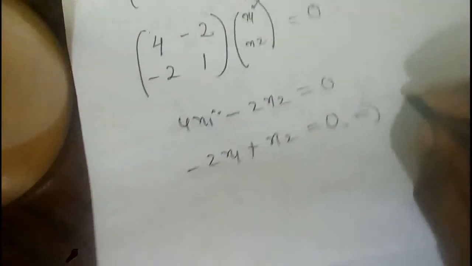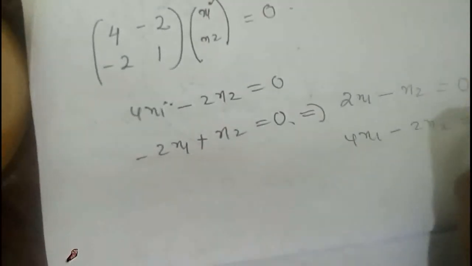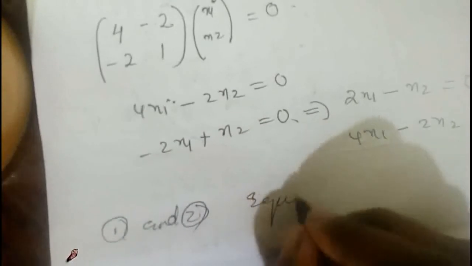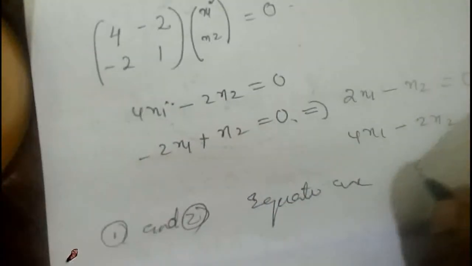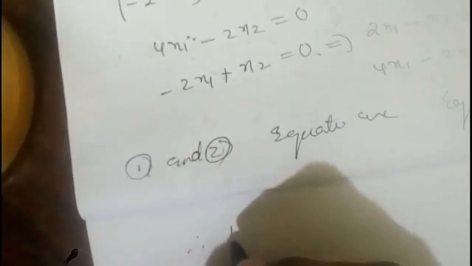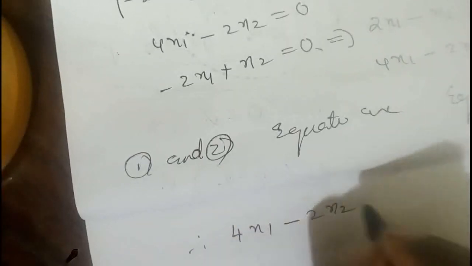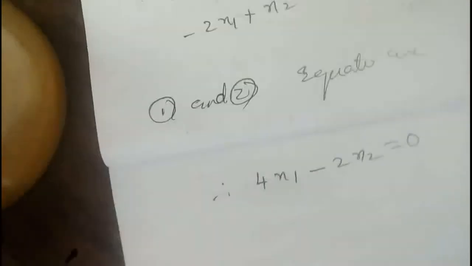Second equation we can write as 2x1 minus x2 equal to 0. If we multiply by 2, we get 4x1 minus 2x2 equal to 0. So the first and second equations are equivalent. So we have only one equation, 4x1 minus 2x2 equal to 0.